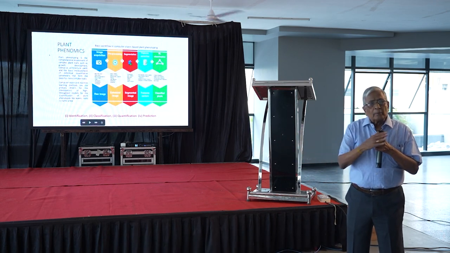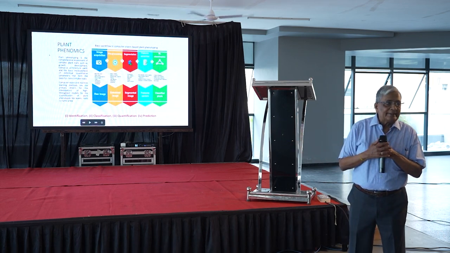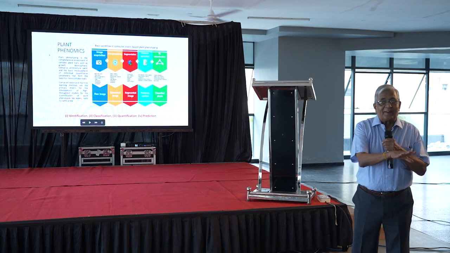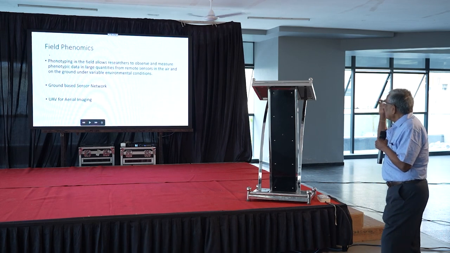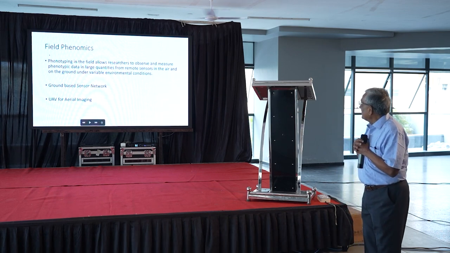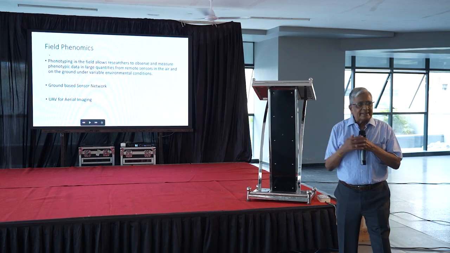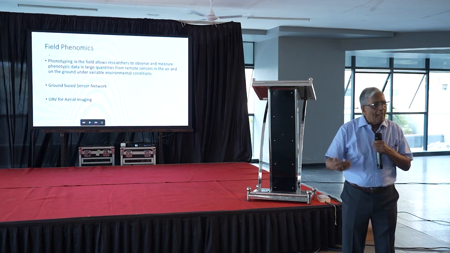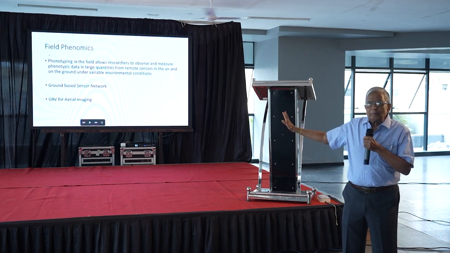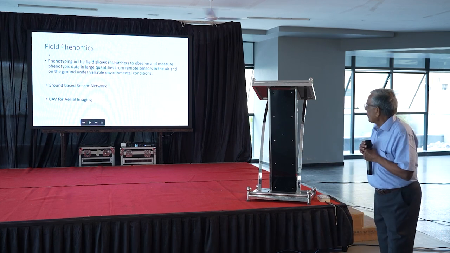They generate a huge amount of data. But as an alternative, you can do field phenomics. This is what you do. You put a ground-based sensor and collect all the data. And with the kind of cloud computing available, you are able to do this without worrying much.